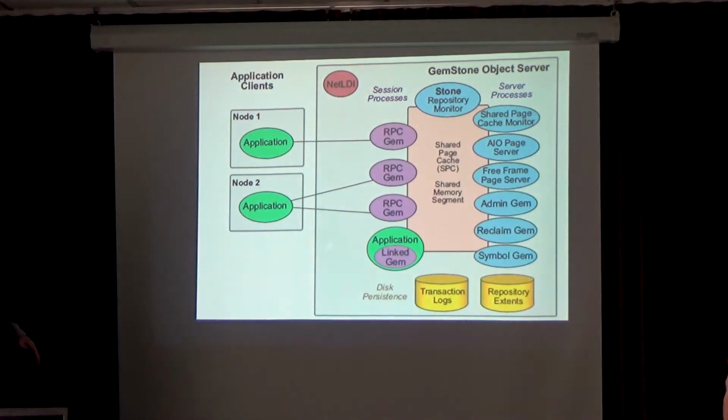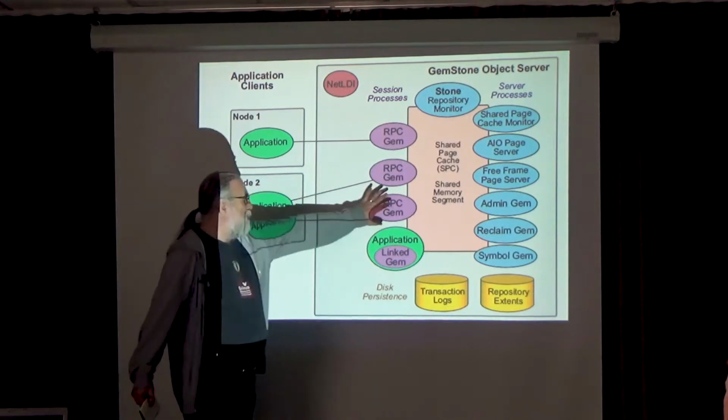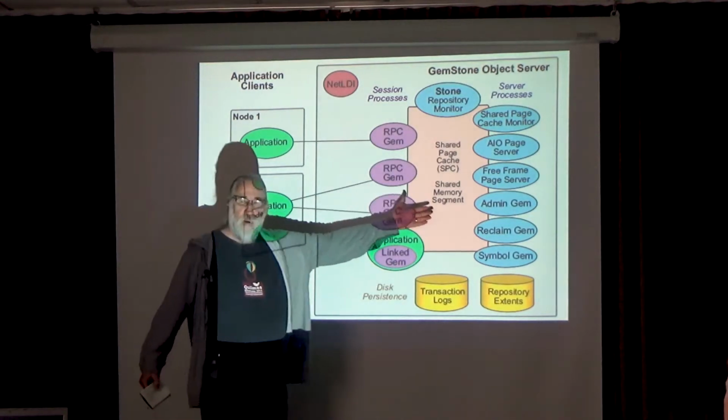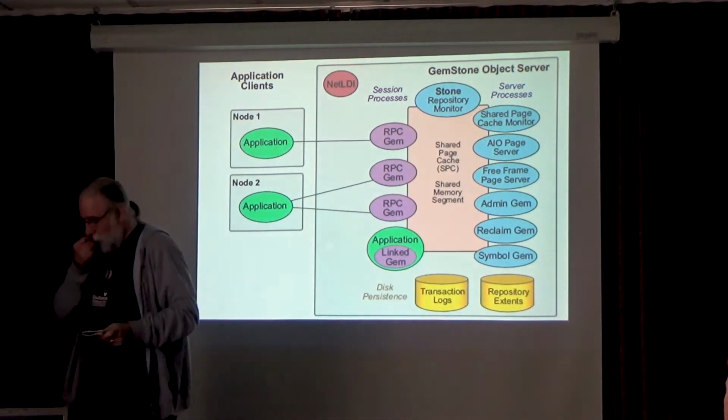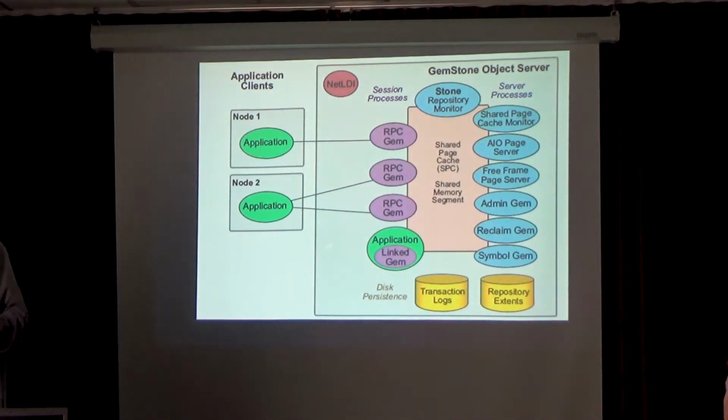When you abort, we throw away all of the objects that have changed in the VM and then reload from the shared page cache. And we have customers that do like 15,000 transactions per second. I don't know how many gems they're running, but that covers that.